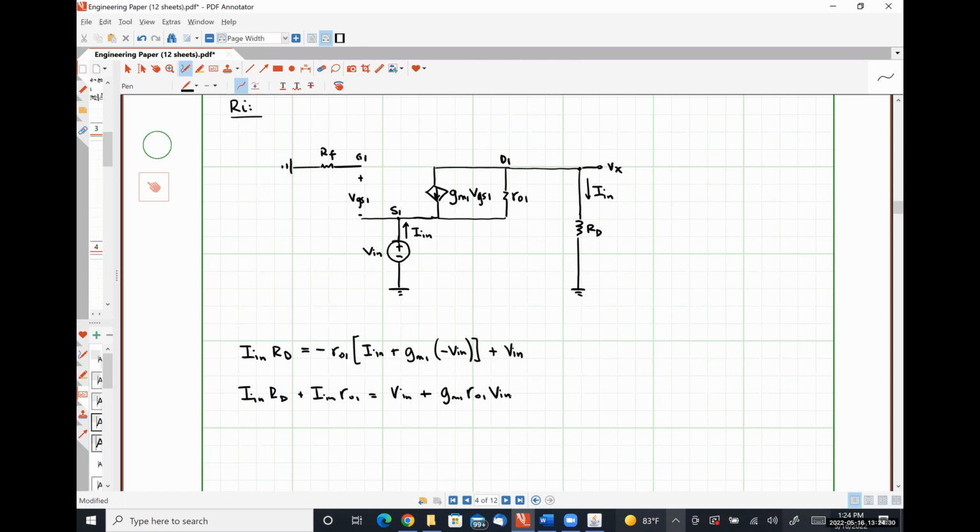So INRD is equal to this drop plus this drop. This drop is R01 times the current flowing in, which is IN plus this guy, but it's flowing into the negative polarity terminal, which is why I included this negative sign here.